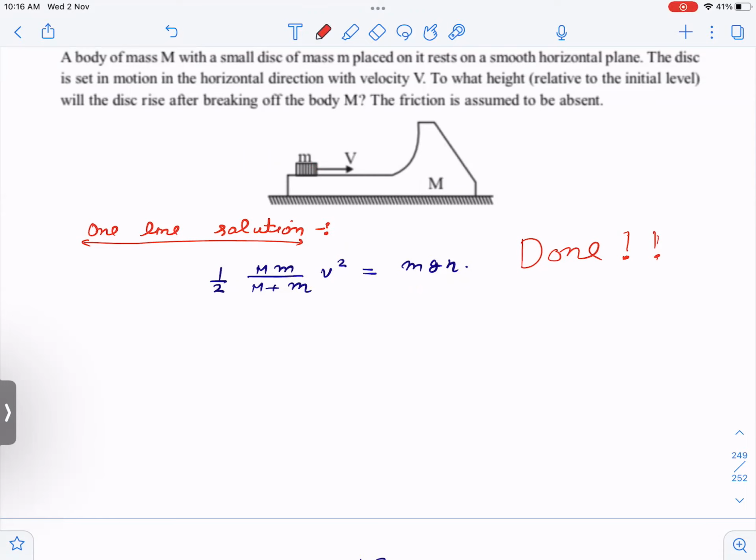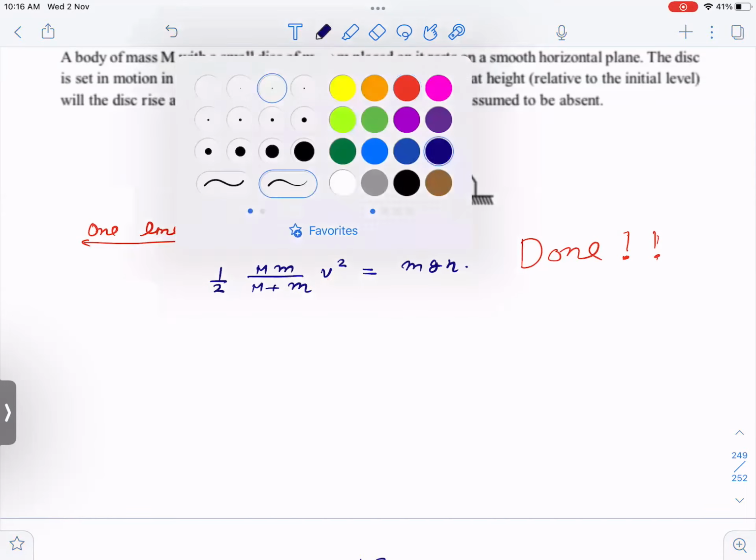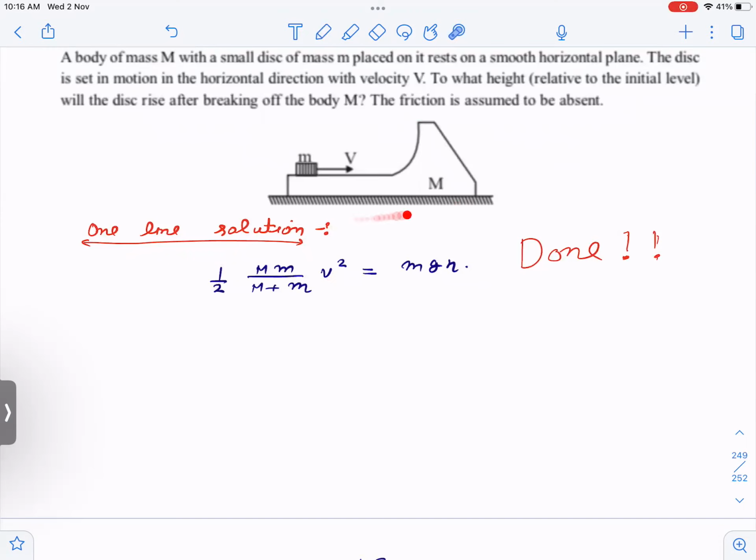So if you have understood everything till now, you can solve this question in one line. Let me explain again how. Finally, when this has moved to the max height, let us see what is going to happen. This has velocity v1, suppose. This will also have velocity v1, by momentum conservation, and at max height it will not have any vertical velocity component.